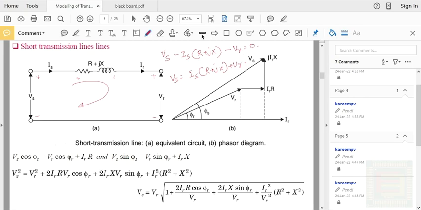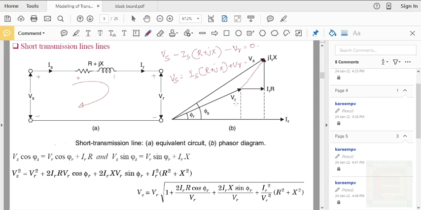In fact, the drop across the impedance R plus jX will be this one from here Vr to here, and its components are IR into capital R plus j into IR into capital X, where X is the line reactance and R is the line resistance. So Vr plus this drop across the impedance R plus jX will give you Vs.